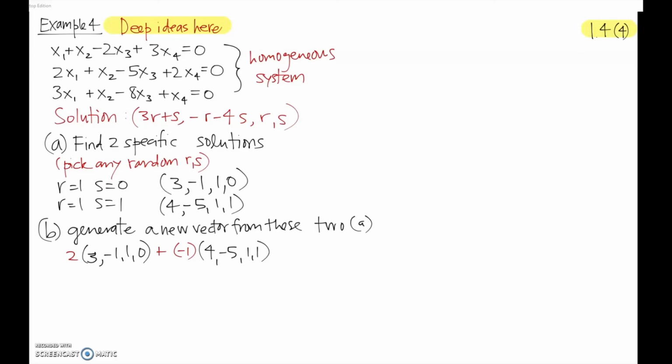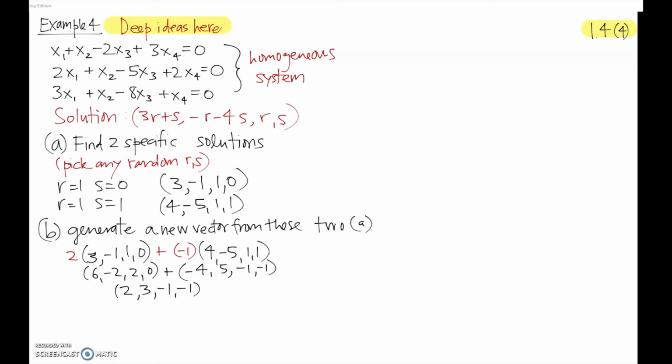And this becomes 6, negative 2, 2, 0, plus negative 4, 5, negative 1, negative 1. And then when I add those two together, I get 2, 3, negative 1, negative 1. Nope, sorry, 2, 3.